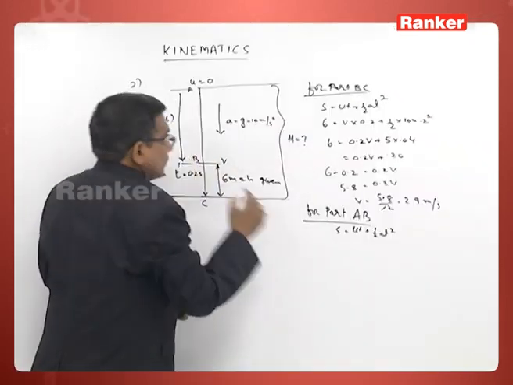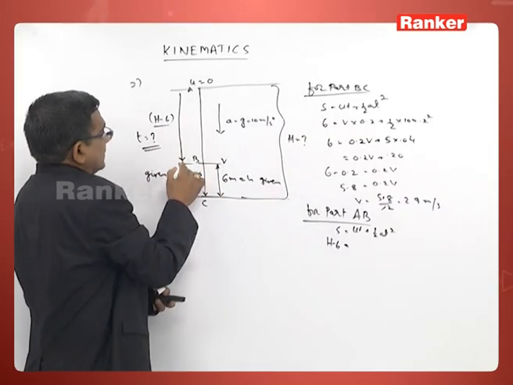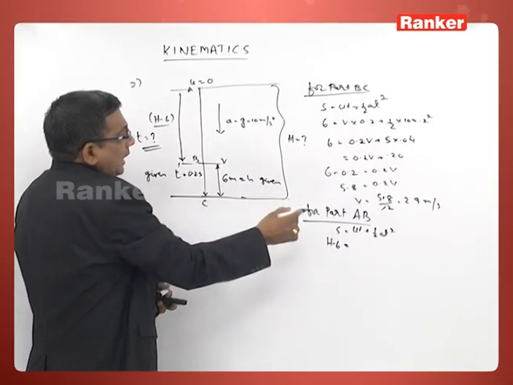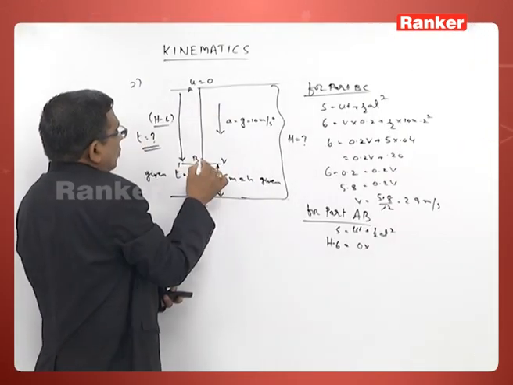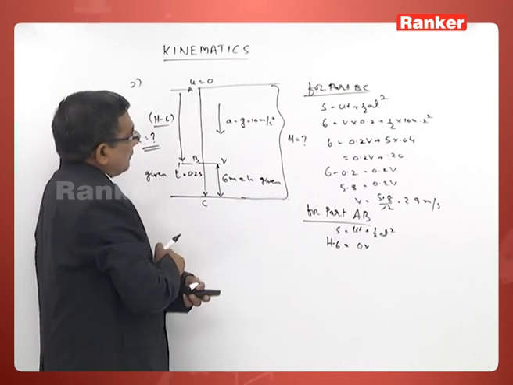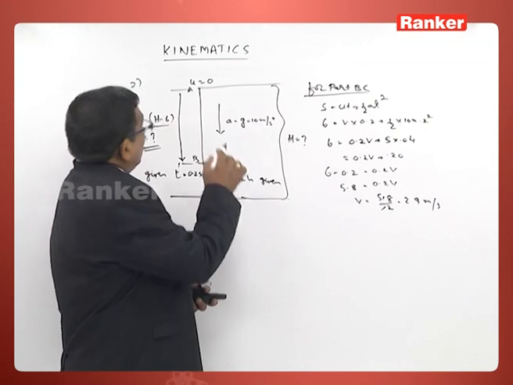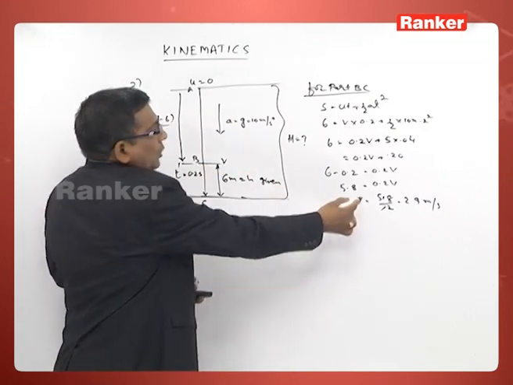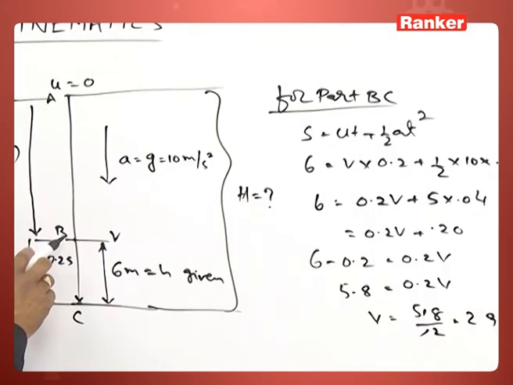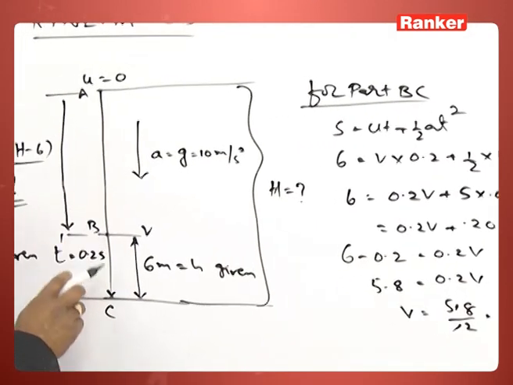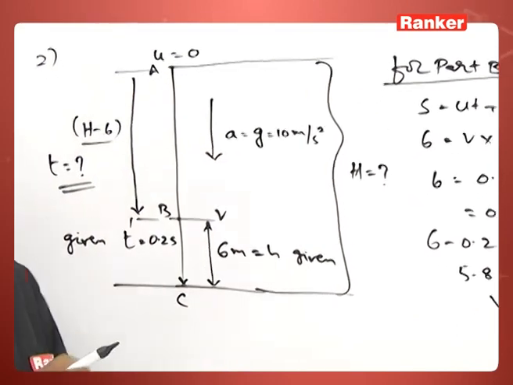What is S? h minus 6, as 6 meters is already given, and what is u? 0. The time taken from A to B was not given. By the time it reaches B, you got the velocity v as 29. 29 is the velocity at B. That is the initial velocity for the journey BC, but the final velocity for the journey AB.